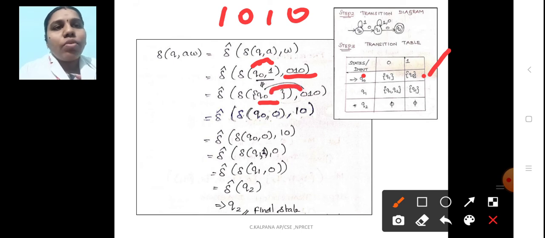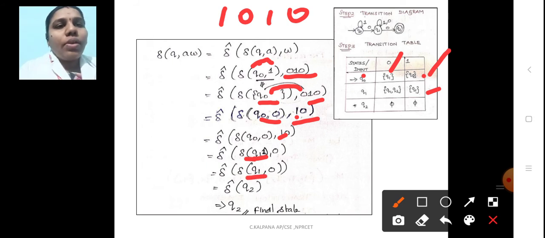Insert the first input inside the bracket, Q0 comma 0, and the remaining input 10 is outside the bracket. Q0 on 0 goes to Q1. So write Q1 here, include the input 1 inside the bracket and write the remaining input 0 outside the bracket. Then Q1 on 1 is Q1.